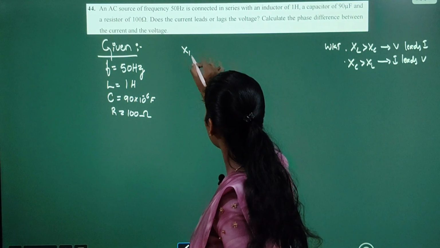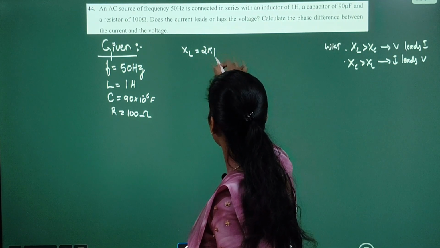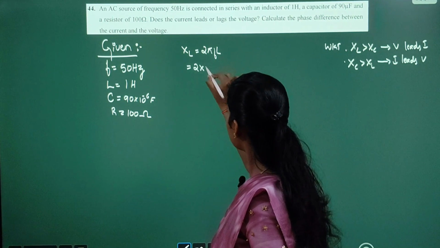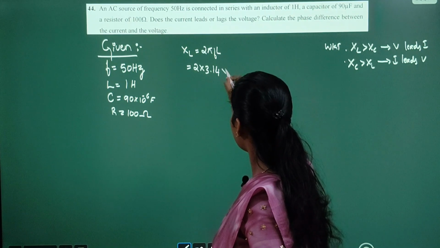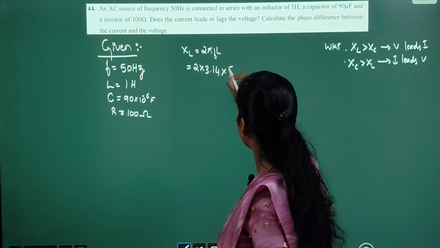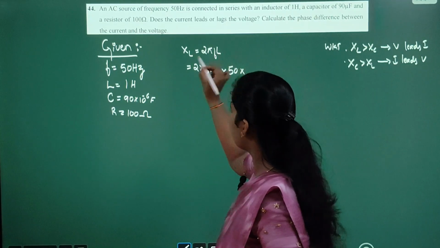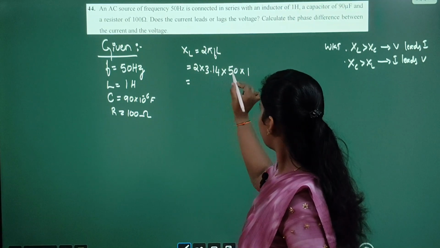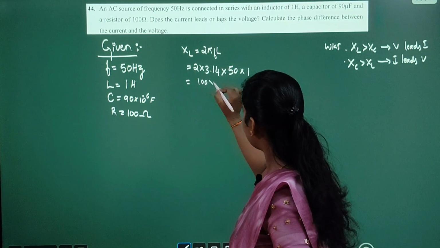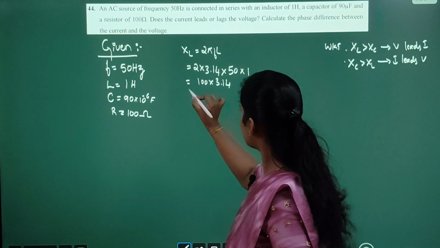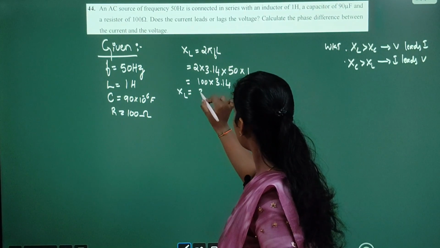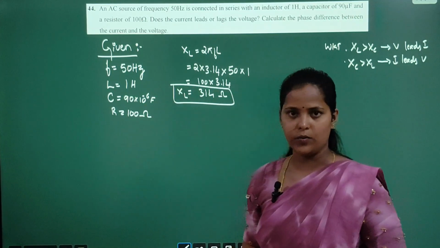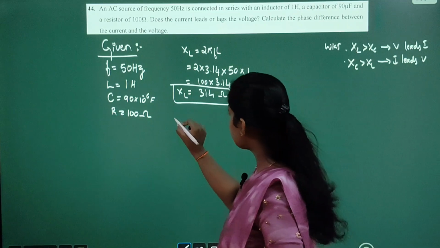The XL formula is 2 pi FL, which is 2 into 3.14 into the frequency 50 Hz into the inductor 1. 50 into 2 is 100, into 3.14, so the XL value is 314 ohm. This is the inductive reactance value. In the same way, we have to find out the capacitive reactance.